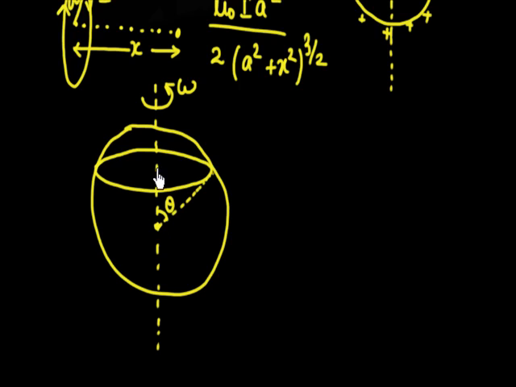Now I can calculate this length. If this length is r, then this length has to be r sin theta, and this length is r cos theta. Are you getting or not?